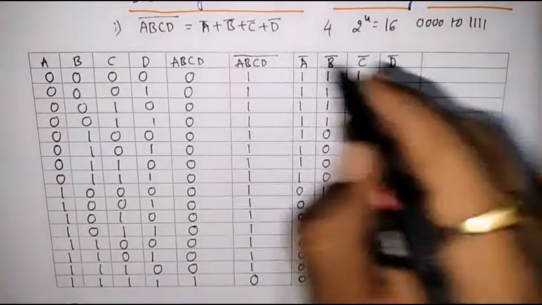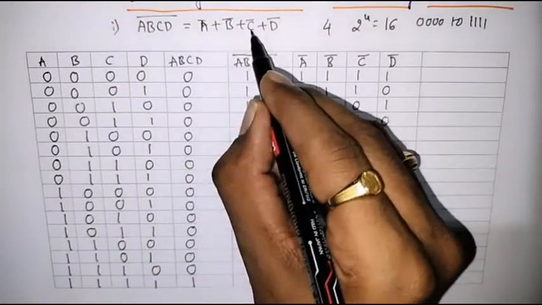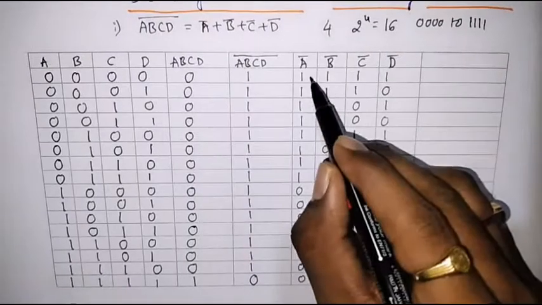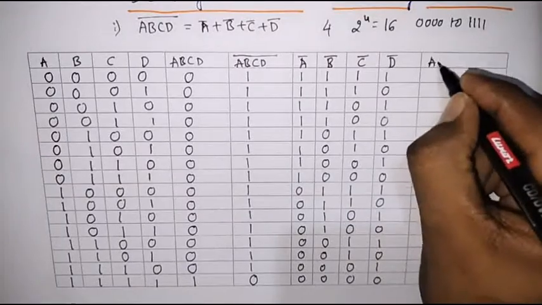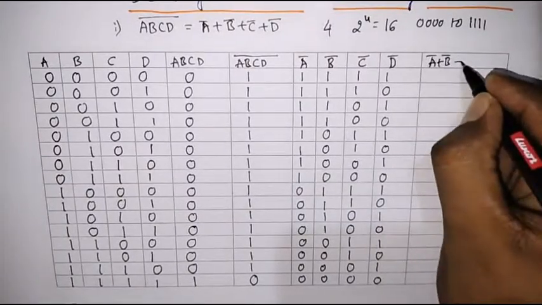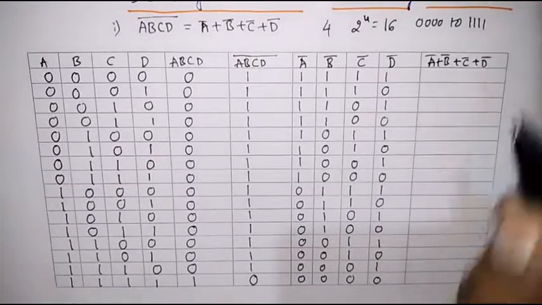Now we'll perform A bar plus B bar plus C bar plus D bar. We are supposed to add these four values.